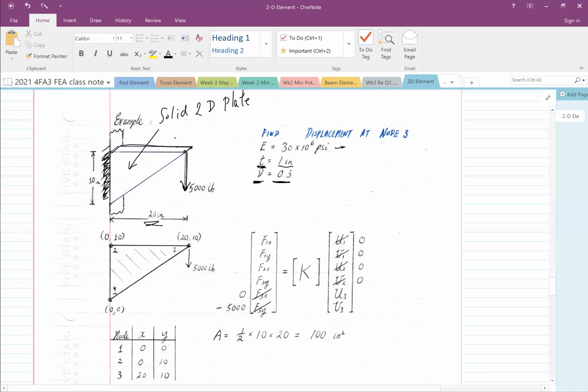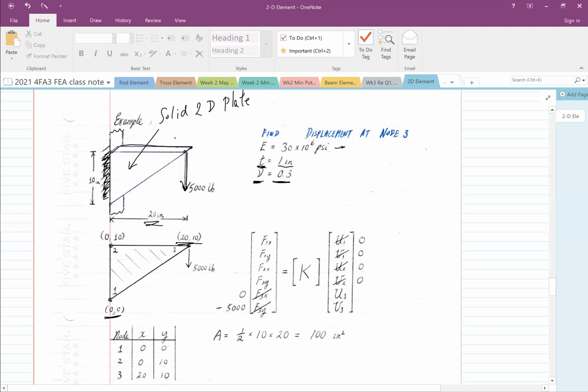So you name the nodes, and then you define the coordinates, which is extremely important. In 2D elements, you need to define some coordinates. I like zeros, that's why I started at 0, 0. But what if I like to challenge myself?